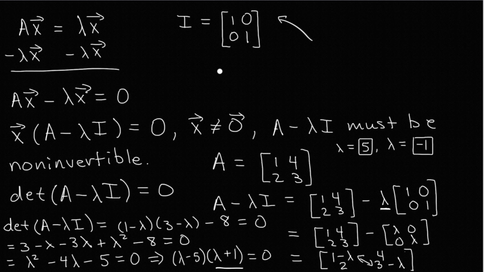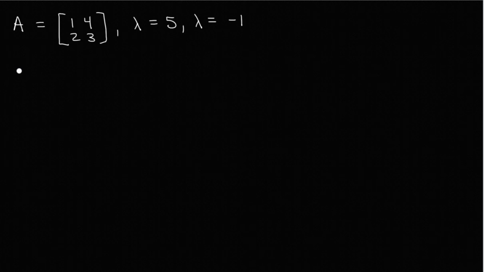Because once you find the eigenvalues, you can use those inside of our equation up here. And this equation can help us figure out what our eigenvectors are going to be. So we're going to copy down that equation and we're going to use that. Ax equals lambda x.